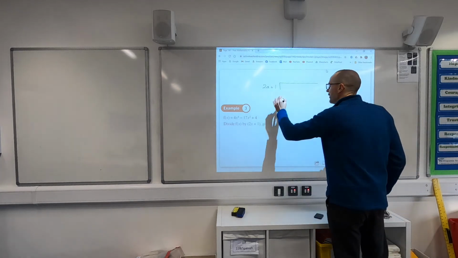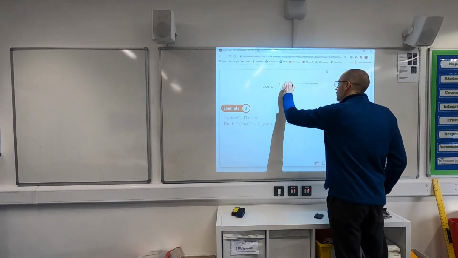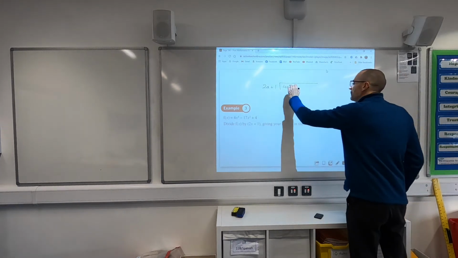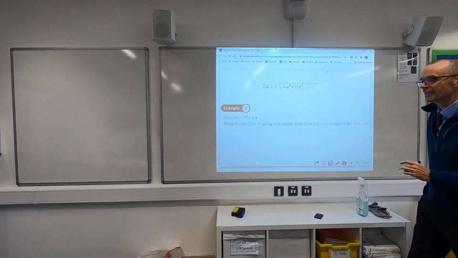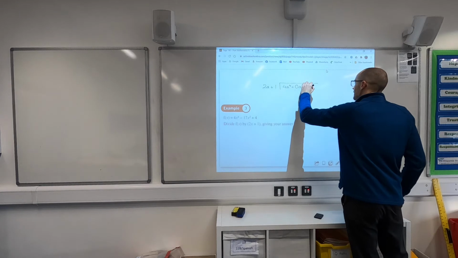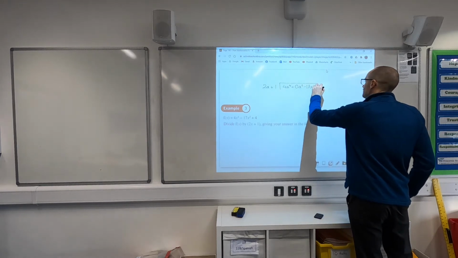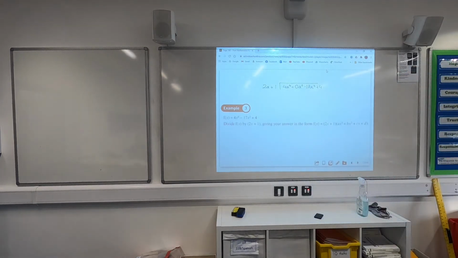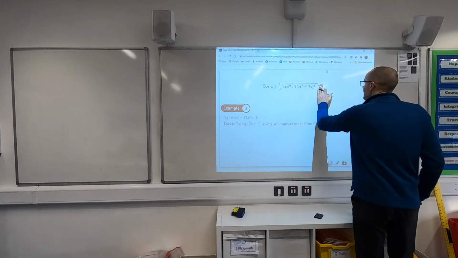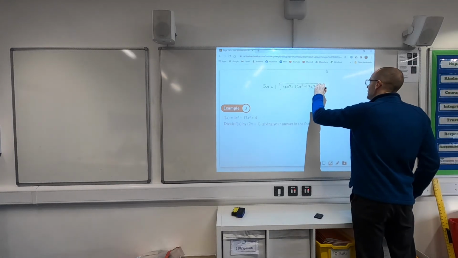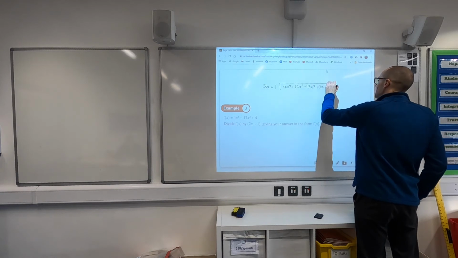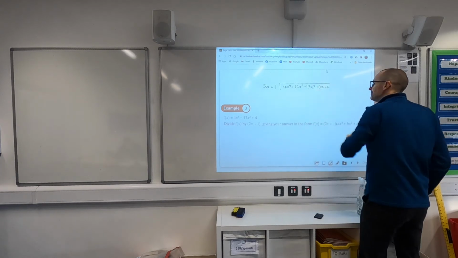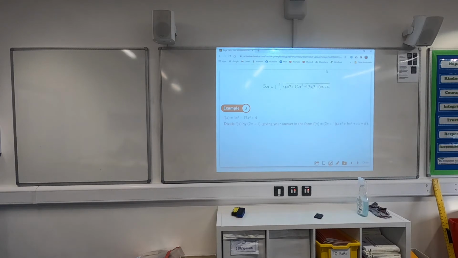So what I have to have underneath my bus stop is 4x to the power of 4 plus 0x cubed minus 17x squared plus 4. Okay? So I've got an x, thank you. I need a dummy x term as well, thank you. Yeah, unless we do that, the process is going to break.